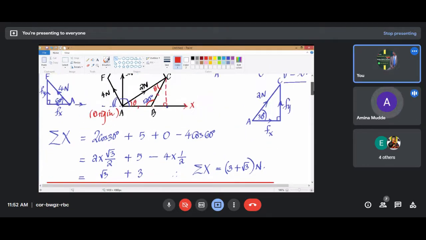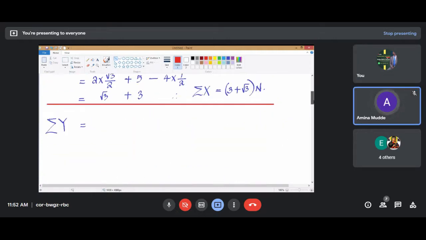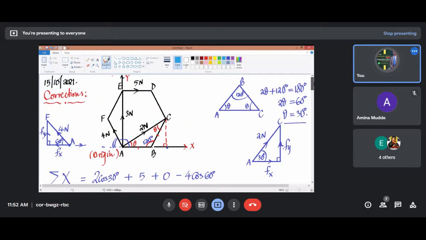2 sine 30. Good. 2 sine 30. That's the first one. It's positive. I think we agree with Amina. The next force is 5 newtons.